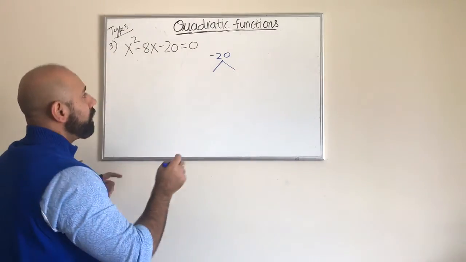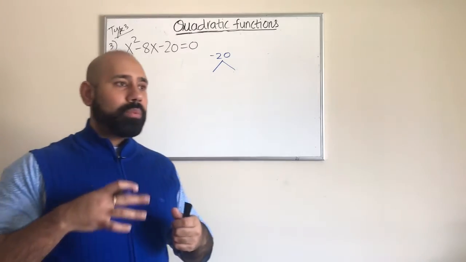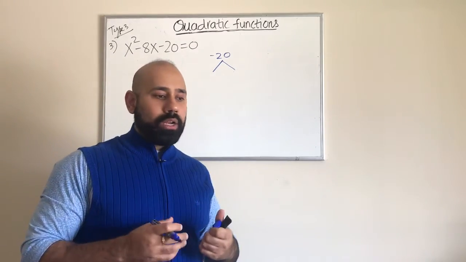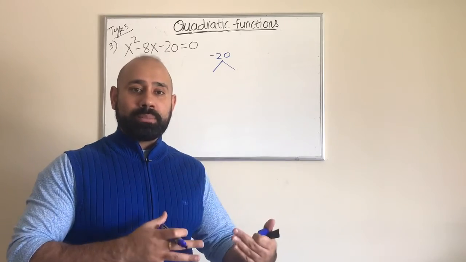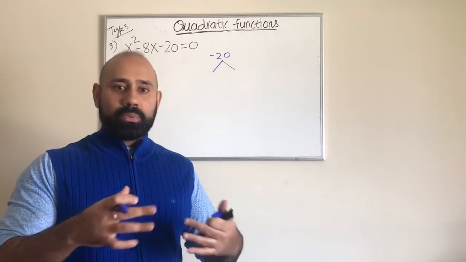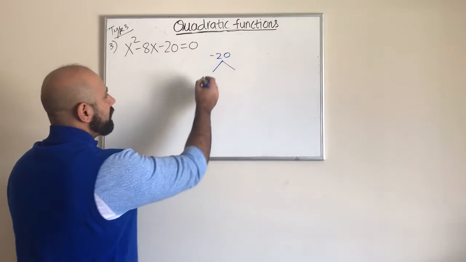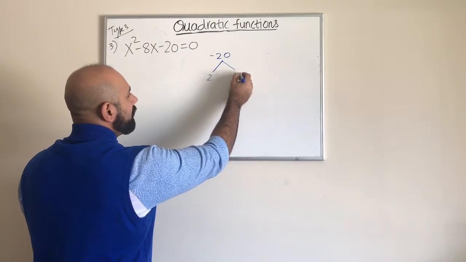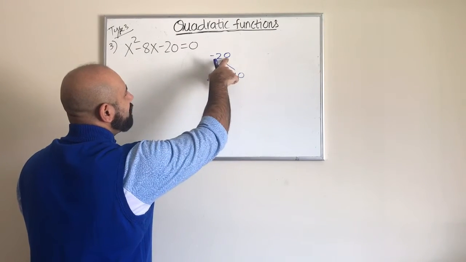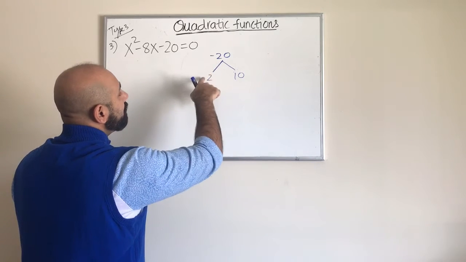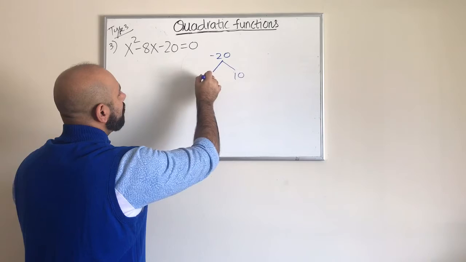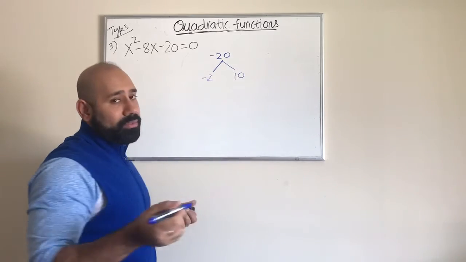If you are not confident with writing different factors, or if you cannot come up with the right factors right away, that's fine. Start with the smallest possible number and then see which one works. So in this case, let us start with 2 and 10. Well, 2 times 10 is 20, and we need a negative 20, so I have to put a negative in front of either 2 or 10, one of those, right?